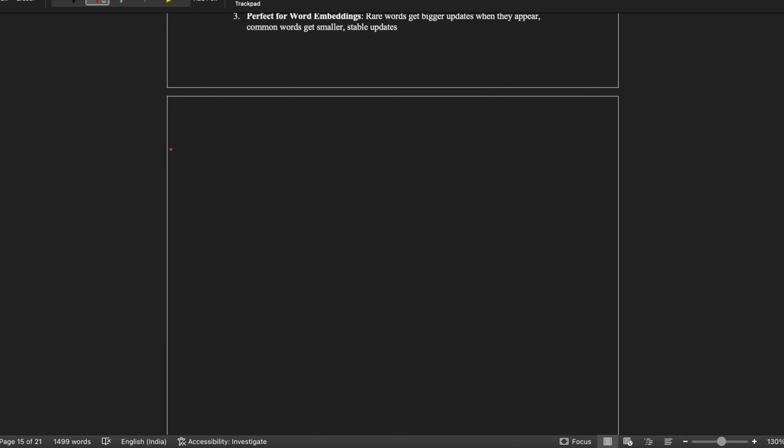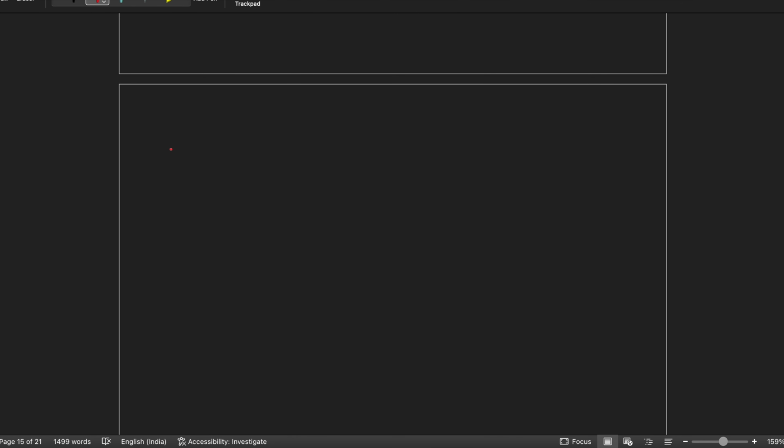You already know that in weight updation we have a formula Z equals Wx plus B. If I consider MSE loss, so (y minus y hat) whole square, this is our loss.